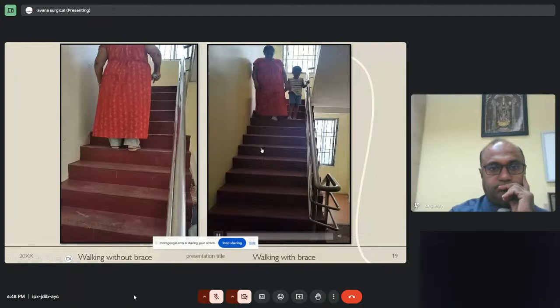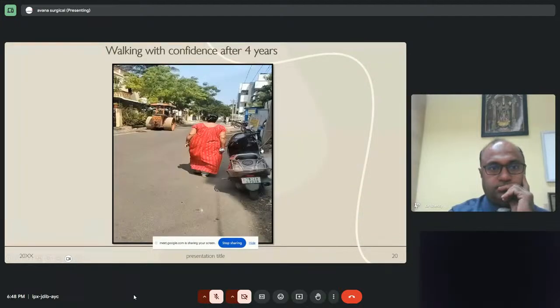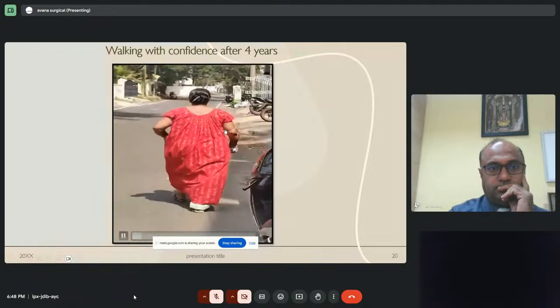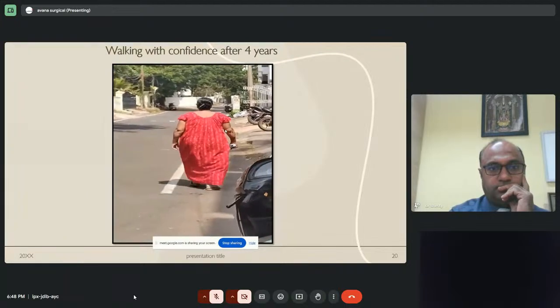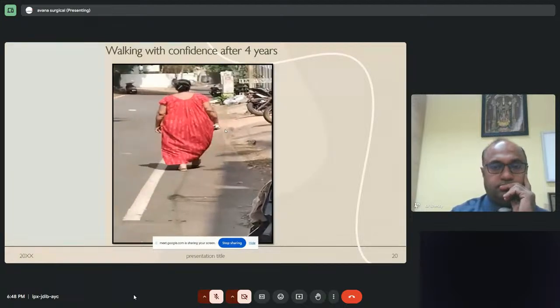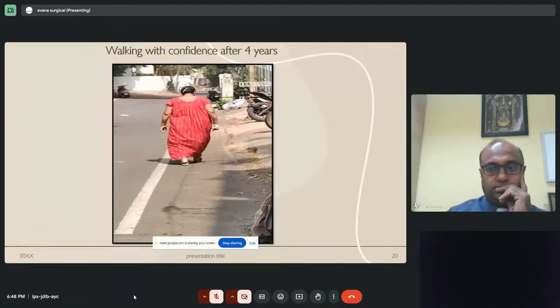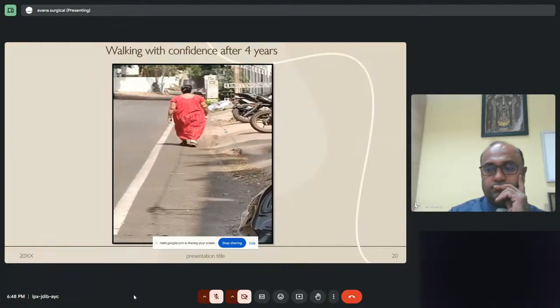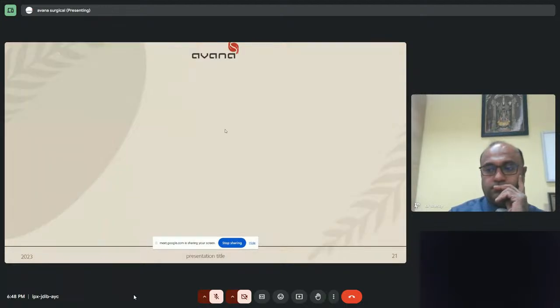On a flat surface, you can see that difference very clearly. She can walk on a flat surface without any support. You can see her shoulders, very confidently she is walking. So this is what an offloading knee brace will give you. It will give the support whenever you require it.